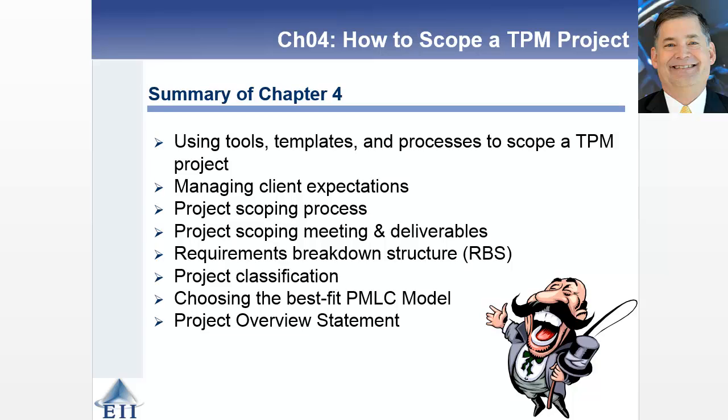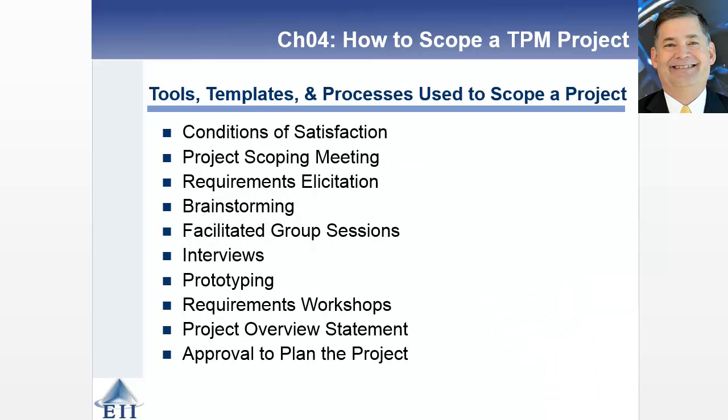And then we'll finish up with a project overview statement, a one-page summary that you're going to send forward to executives for approval to move forward in the project. Here are some of the tools and templates and processes.